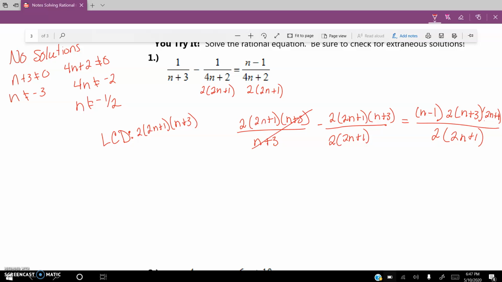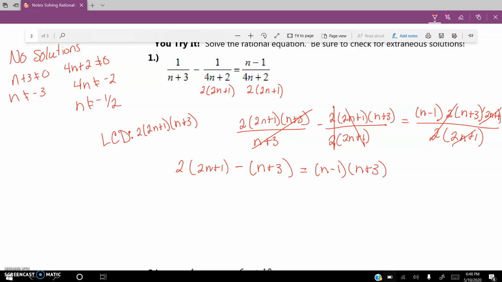N plus 3 cancels out with n plus 3. 2 cancels with 2. 2n plus 1 cancels. 2 cancels. 2n plus 1 cancels. Rewrite. So I have 2 times 2n plus 1 minus n plus 3 equals n minus 1 times n plus 3.